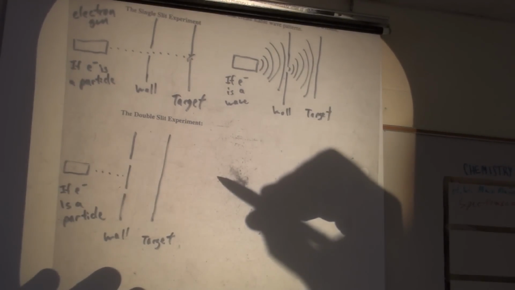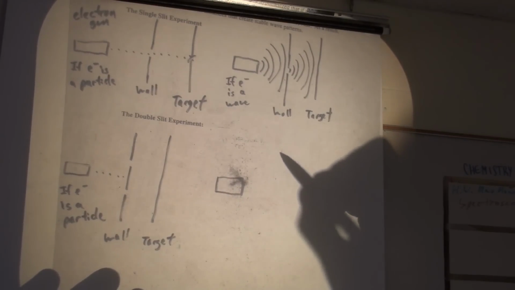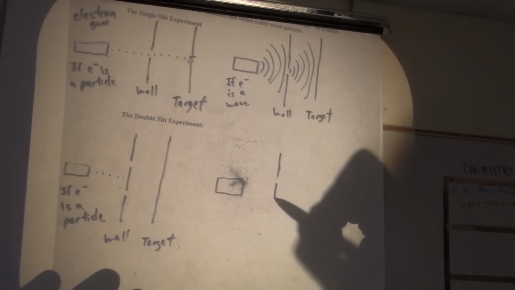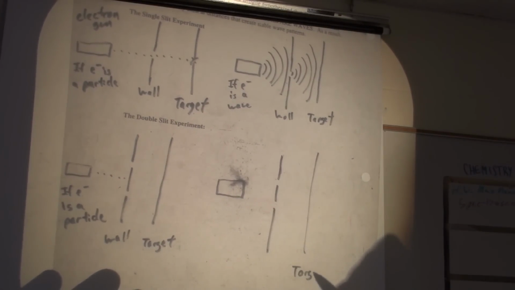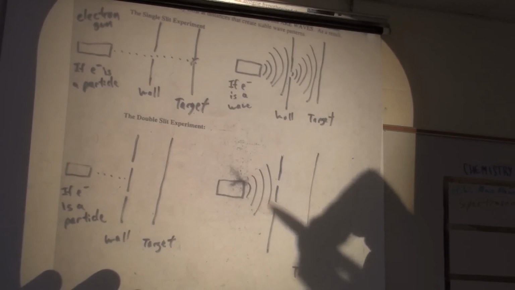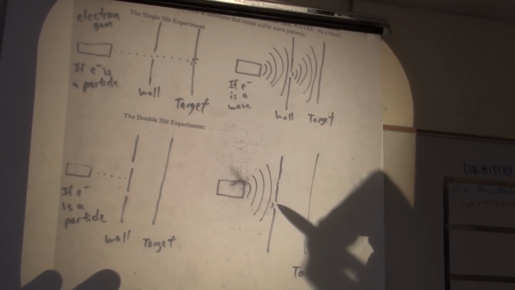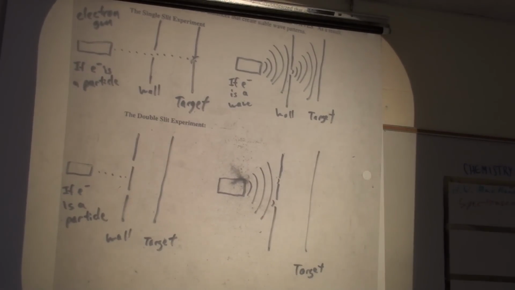If the electron is a wave, then what's going to happen? But they'll go through both openings, right?